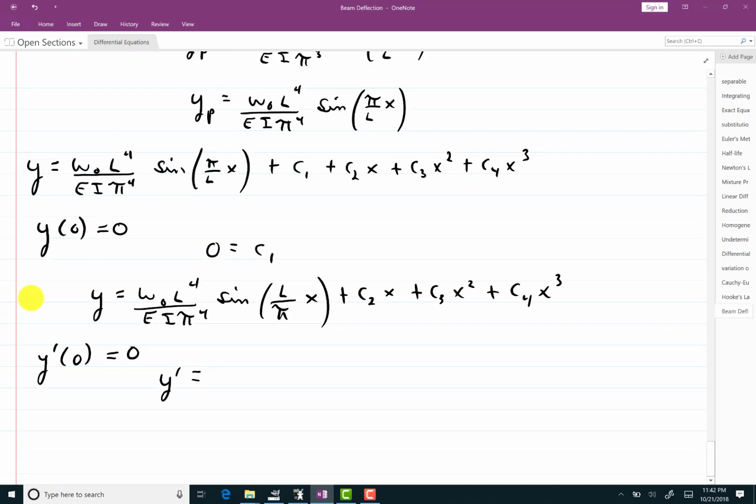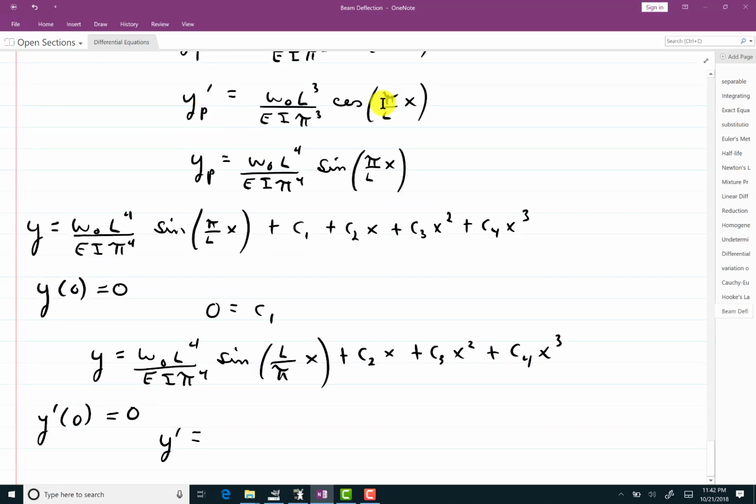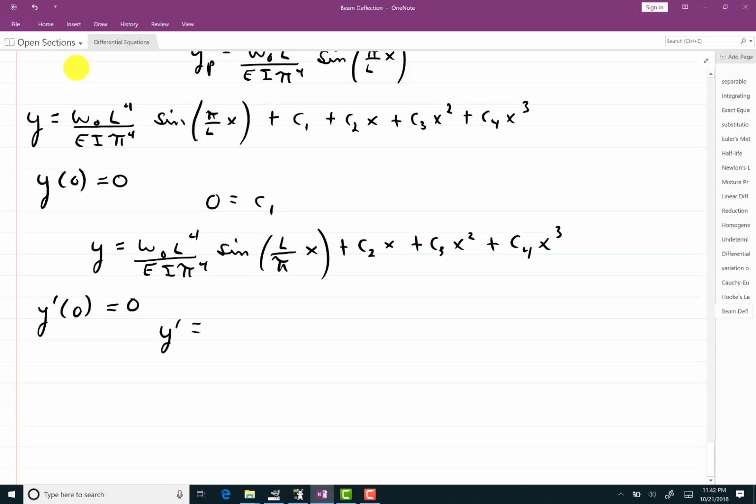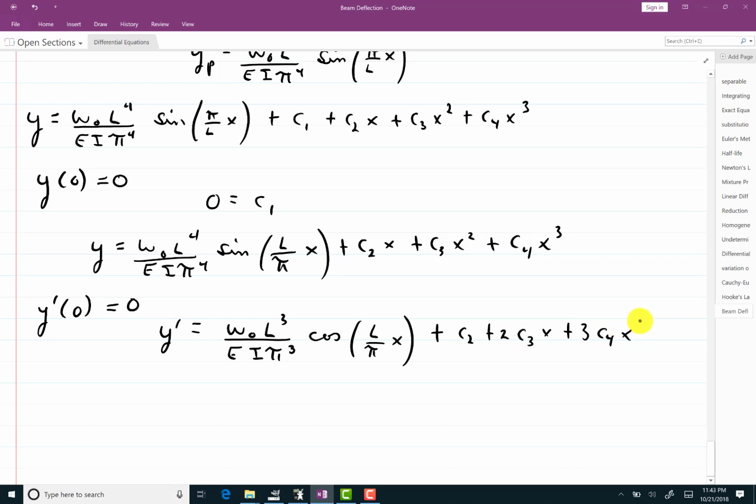W naught L cubed over EI pi cubed cosine of pi over L x, plus C2 plus 2C3x plus 3C4x squared.